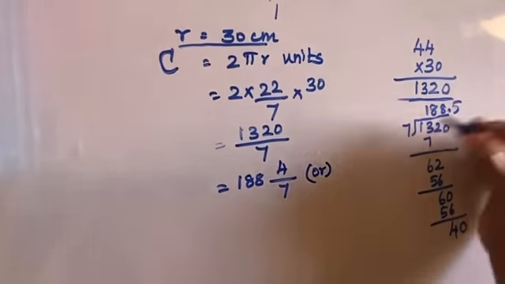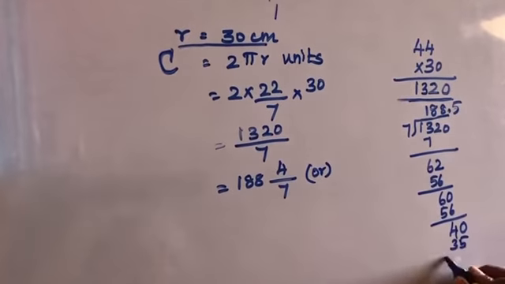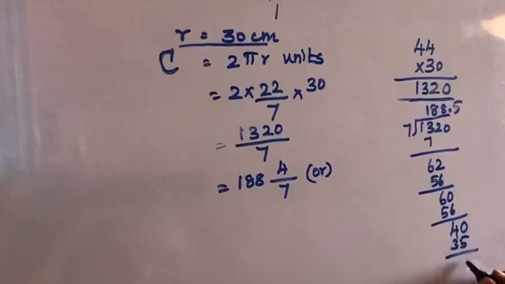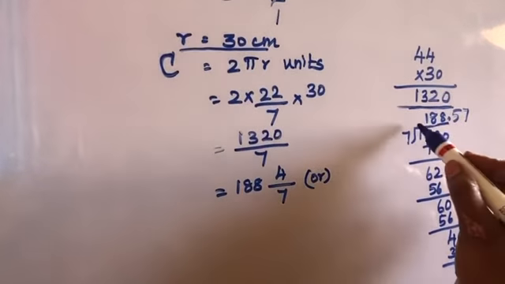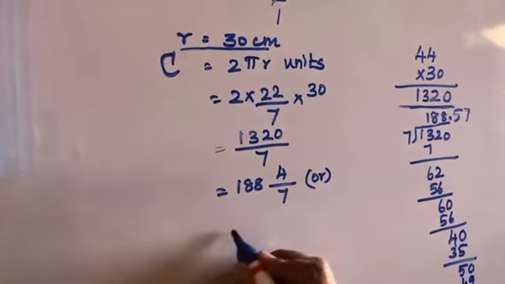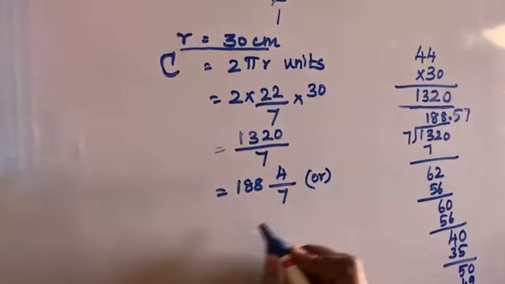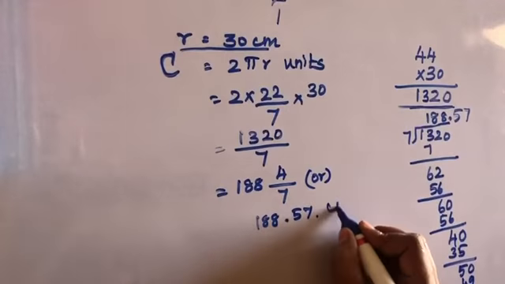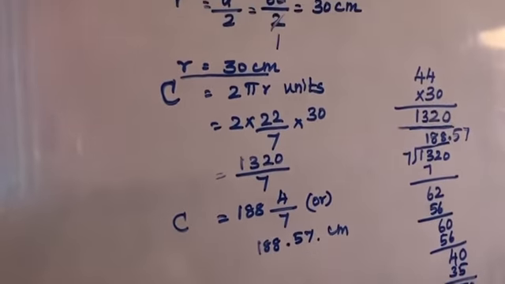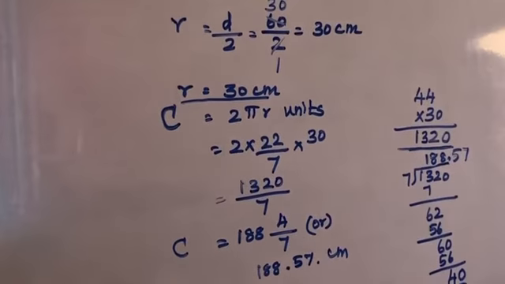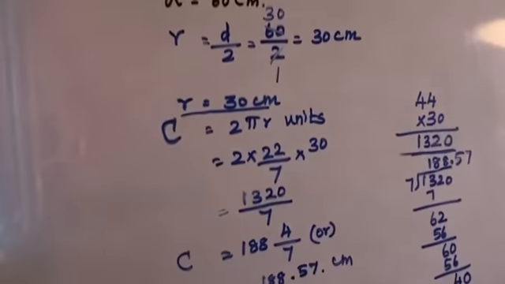So 5 sevens are 35, while subtracting you get 5, again 0, 7 sevens are 49, remaining 1. It will go on like this. But we will take the quotient, and it is 188.57 centimeters, and this is the circumference of the circle if the diameter is 60 centimeter.